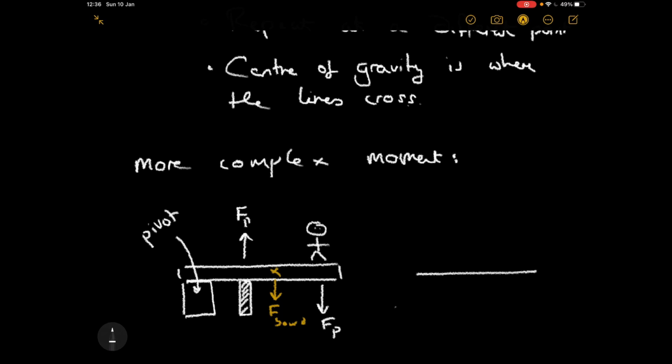So you can have an example like that, or you might have a seesaw which is off center. You could have a person on that side, a person on that side, and also the weight of the board. That's if they ever give you an example of something which is off center.